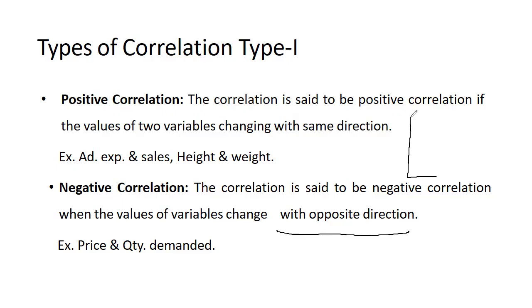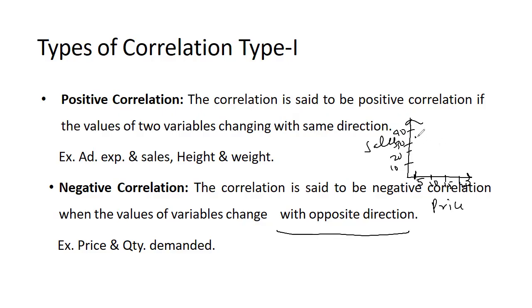Opposite direction means when you increase the price of the commodity, for example, if the price is 5 rupees, 10 rupees, 15 rupees, 20 rupees, sales are 40 units, 30 units, 20 units, 10 units.